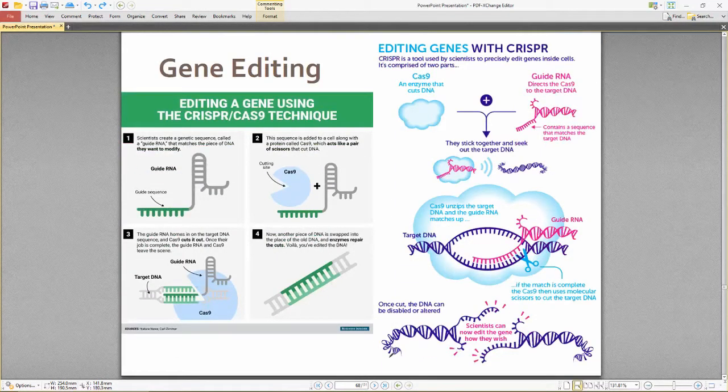So let's take a look here. This could be a little bit more difficult to understand, but if we look here, step 1, guide RNA is created. So this is a hairpin loop, and this is the guide sequence, so this would be the spacer. Then this guide RNA is added to the Cas9 protein.